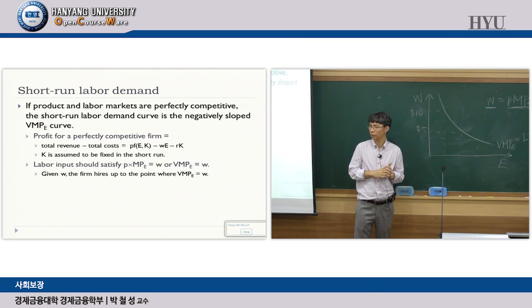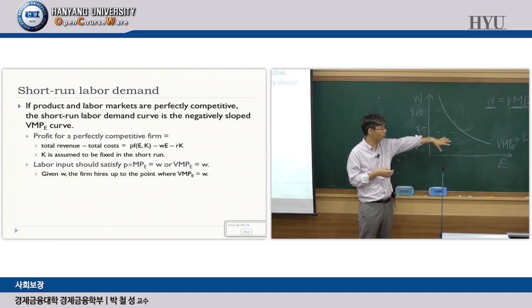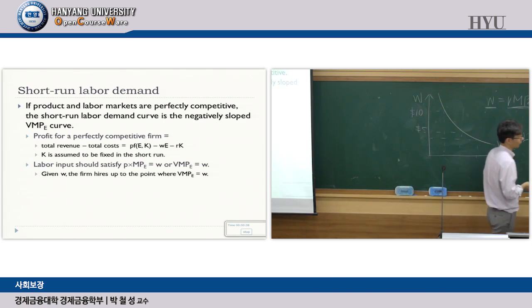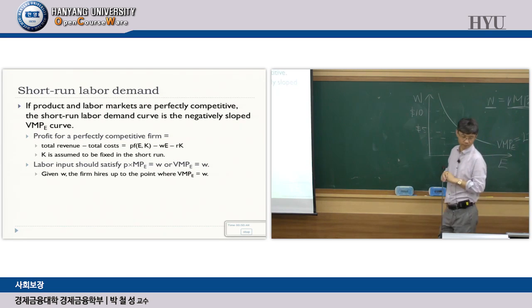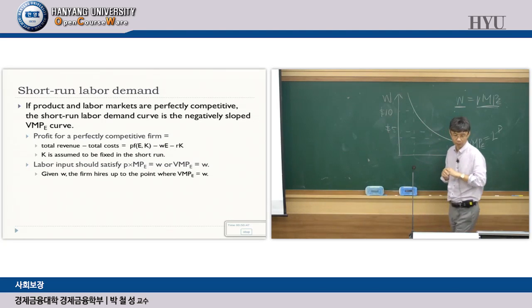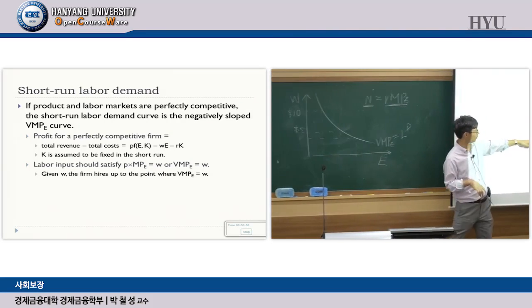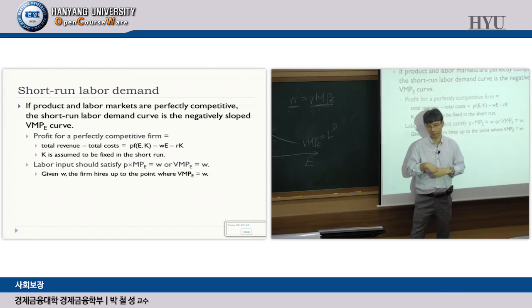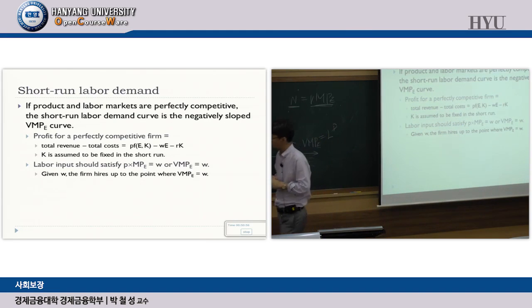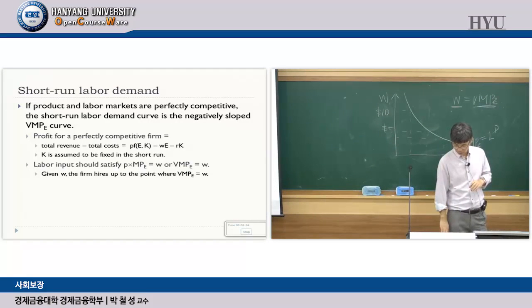Questions? So in this case, VMP is no different from the labor demand curve. The labor demand curve is determined by the value of marginal product of labor. That's what this says. So given W, the firm hires up to the point where VMP equals W. This is the standard theory of short-term labor demand.